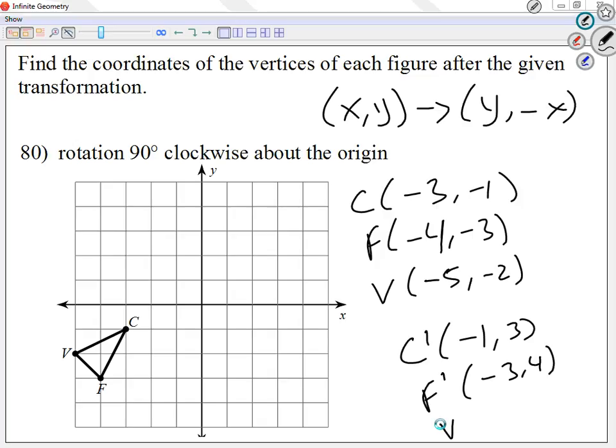What do you guys get for v prime? -2, +5. Good. I know the rule on the top, xy becomes y negative x. I know you guys need that, so I will put that on the board for your review when you do it at home. I know you guys have it in your notes, or should have it in your notes.